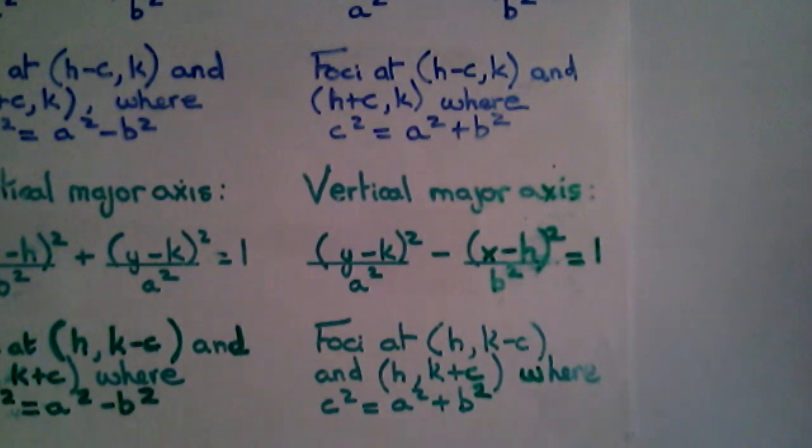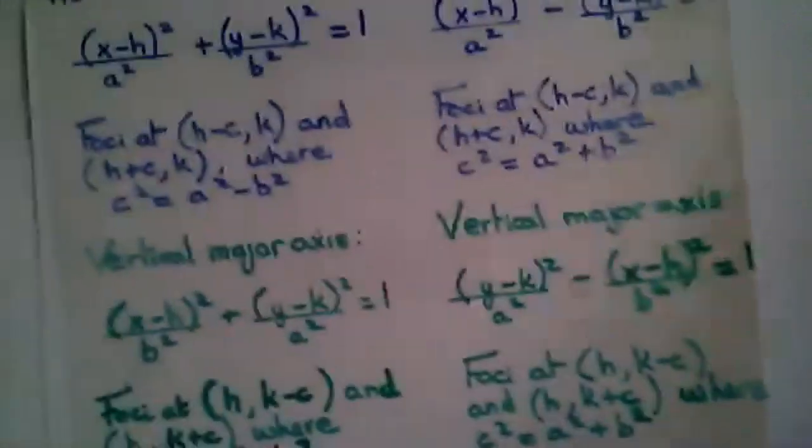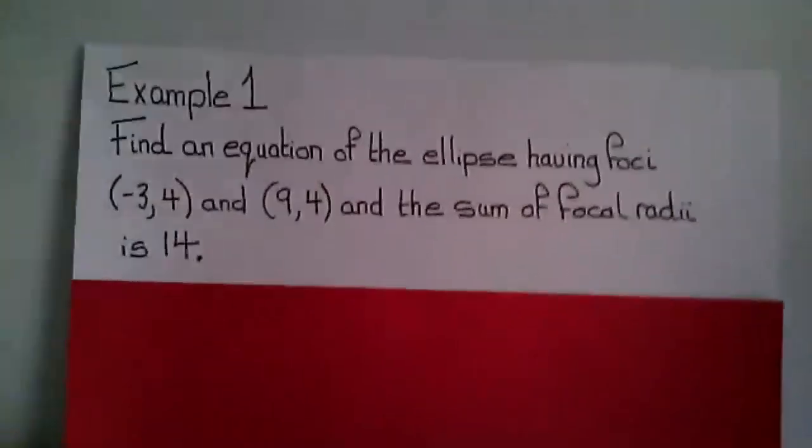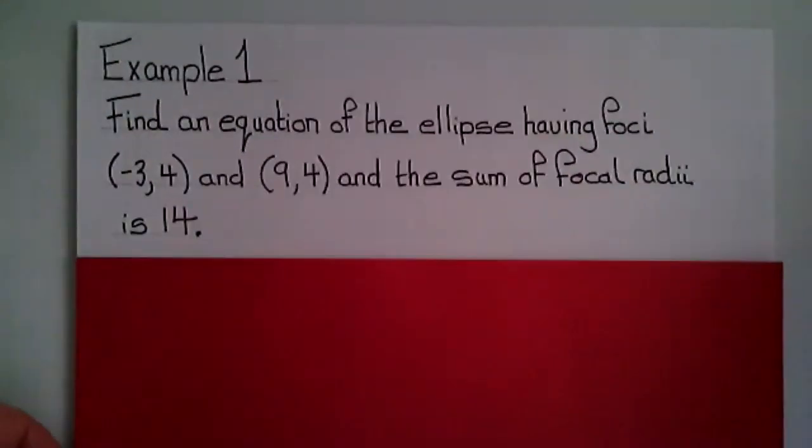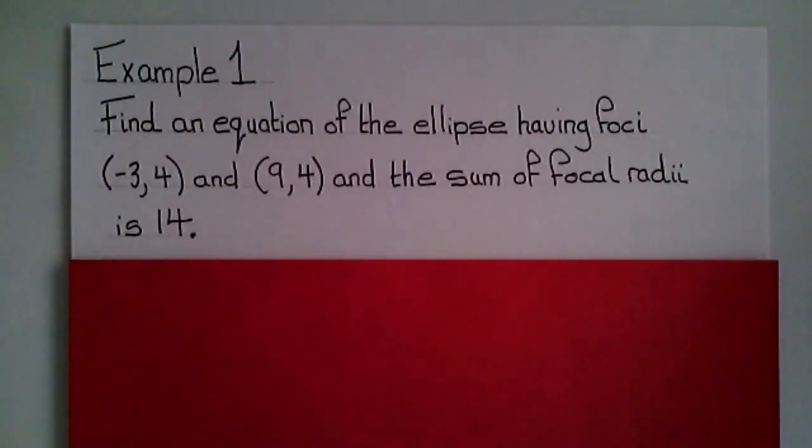Okay, so let's do some examples together. I'm not going to do too many, but let's see how we get our answers. So let's have a look at this first example. Right, so we're going to find an equation. We've been given that it's an ellipse, so there are certain things that we know.